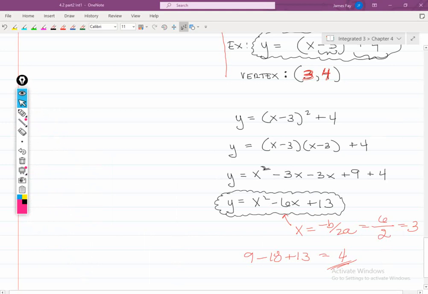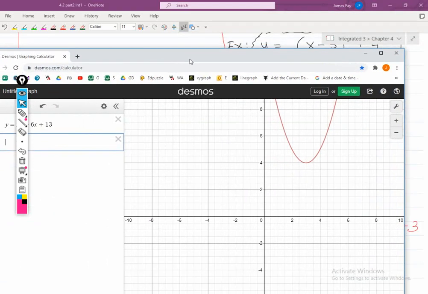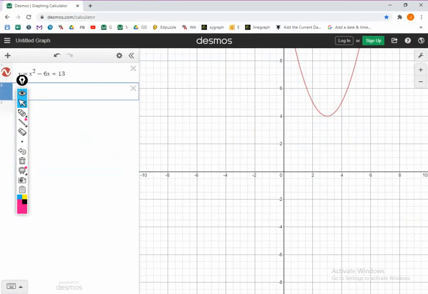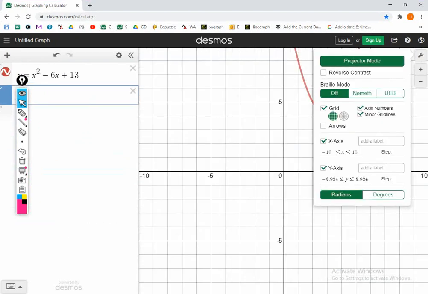y equals x squared minus 6x plus 13. Okay, so that is the parabola using the standard form.